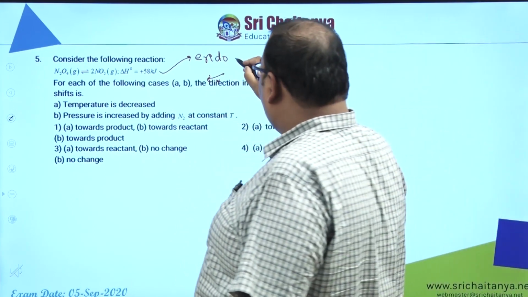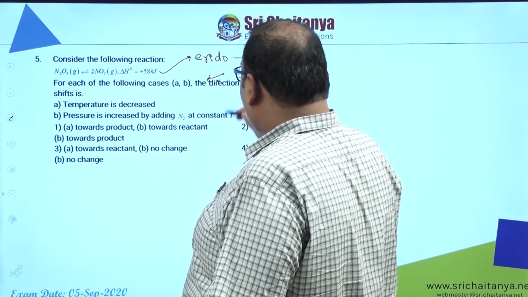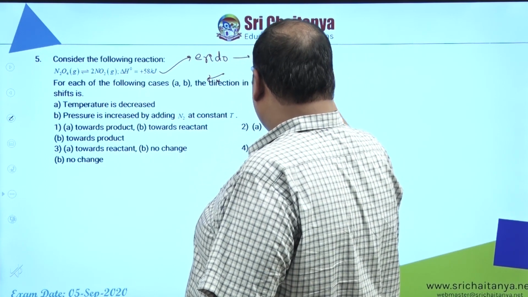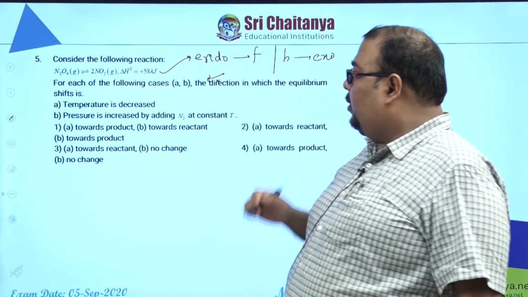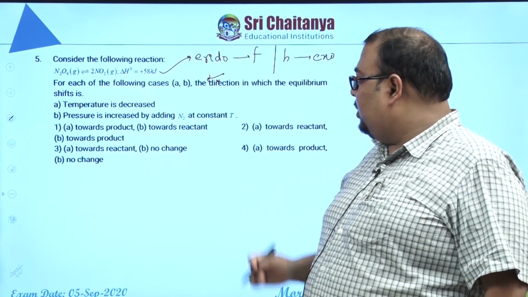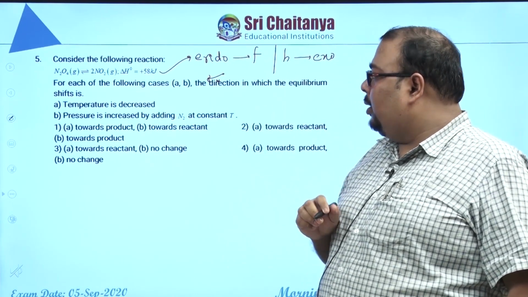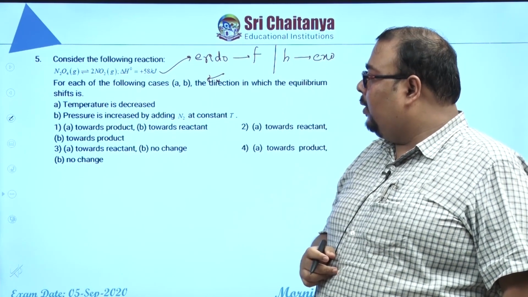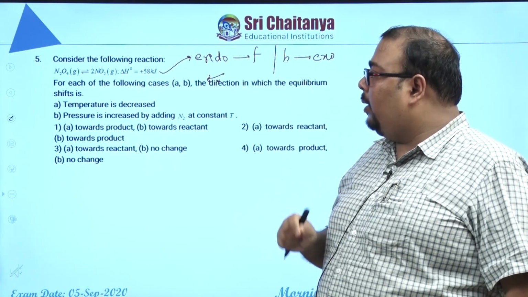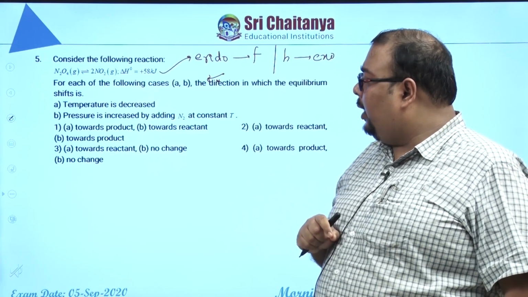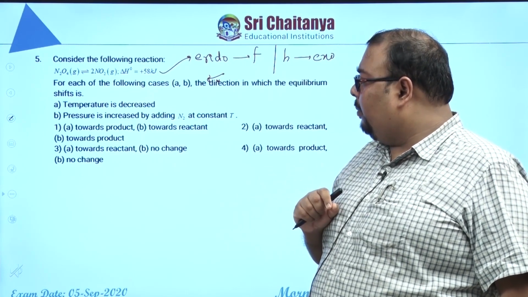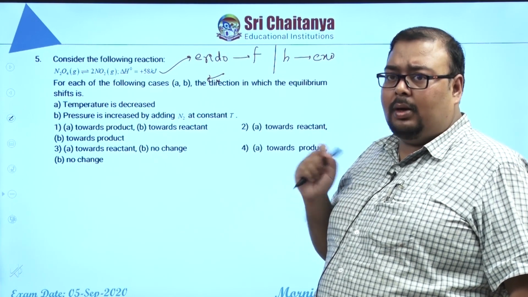Okay, so the forward direction is endothermic, so the backward direction will be exothermic. Okay, so for each of the following cases, the direction in which the equilibrium shifts, okay, when A, temperature is decreased, and B, pressure is increased by adding N2 at constant temperature. Okay, so let us do it one by one.